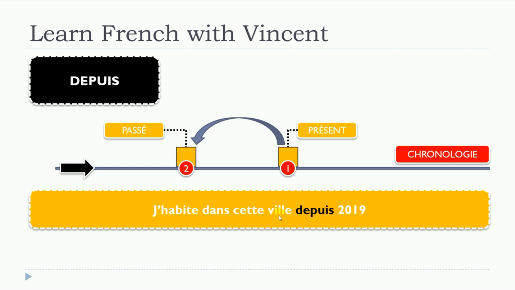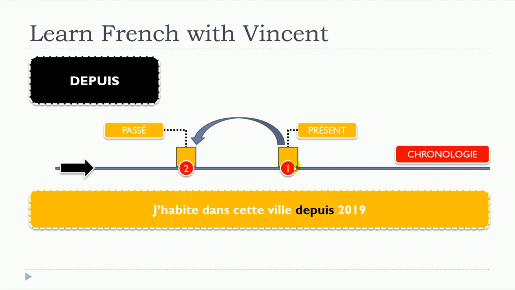J'habite dans cette ville depuis 2019. So as you can see in that case, the first verb, well, there is only one, but the first part with the verb here is in the present. So this is the present. We're talking about now. J'habite dans cette ville.